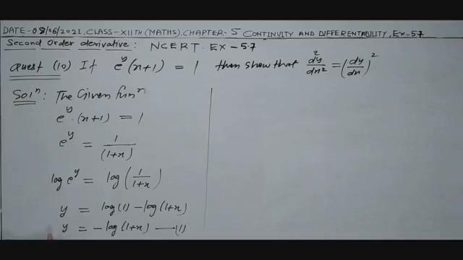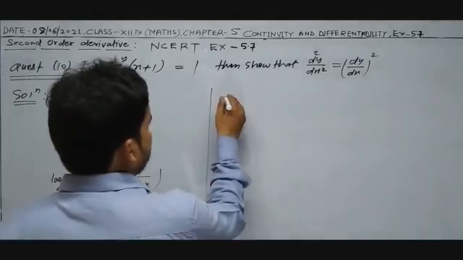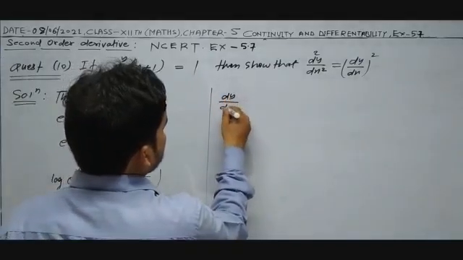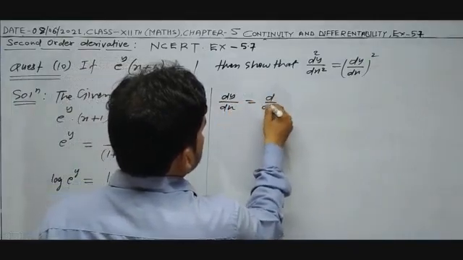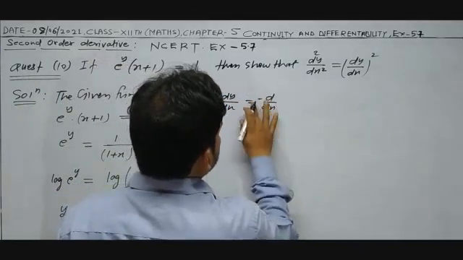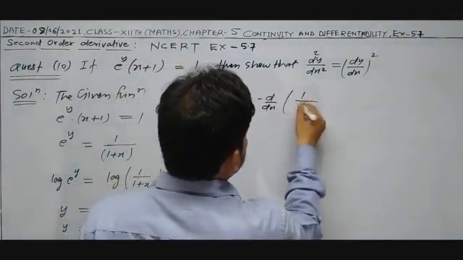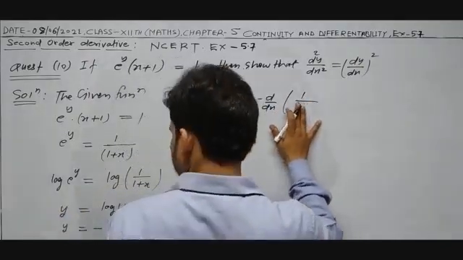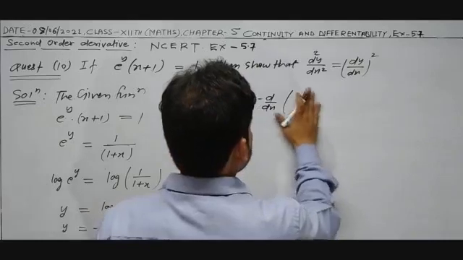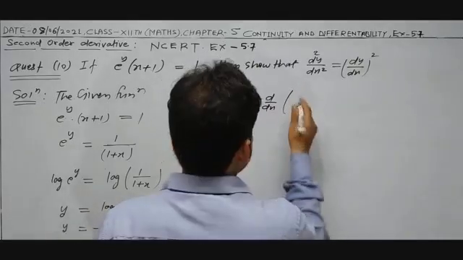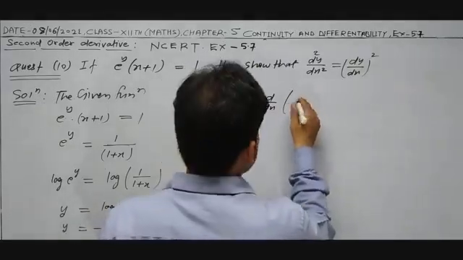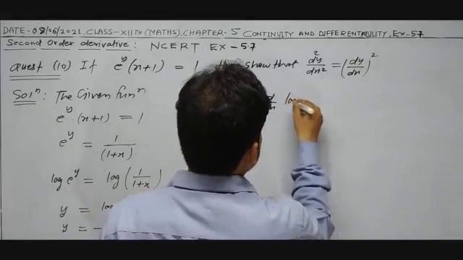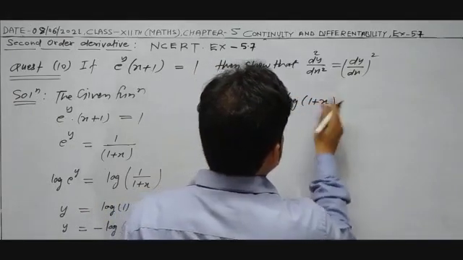So now come to the next step. You have to differentiate the function. So dy by dx is equal to d by dx of minus log of 1 plus x.